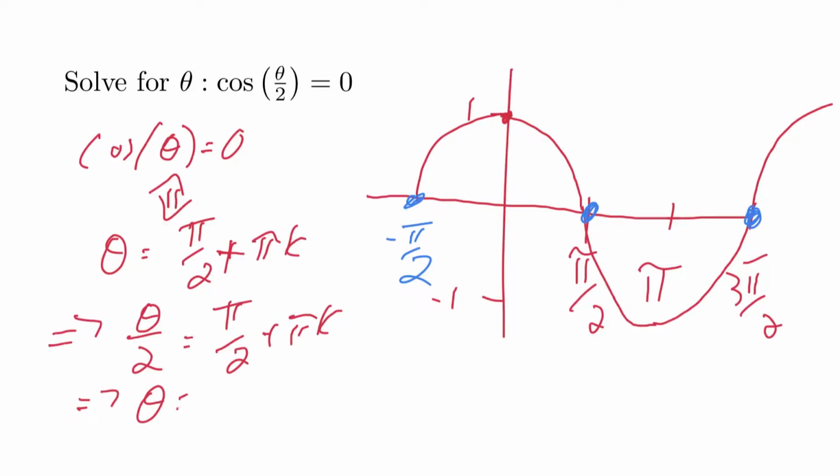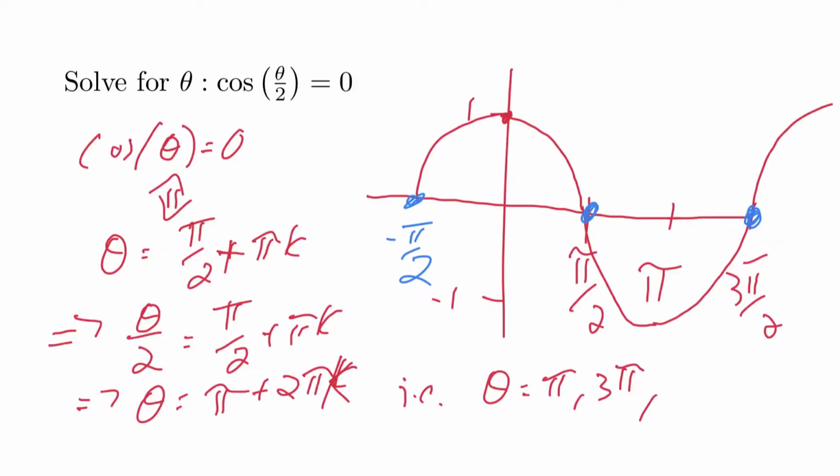So theta should be equal to pi plus 2 pi k. So fairly straightforward. If I plug in k equals 0, then I get pi, 3 pi, 5 pi, also minus pi, minus 3 pi, and so on.